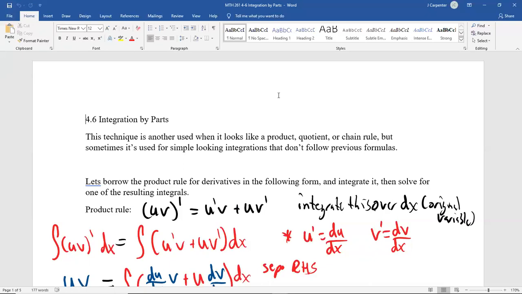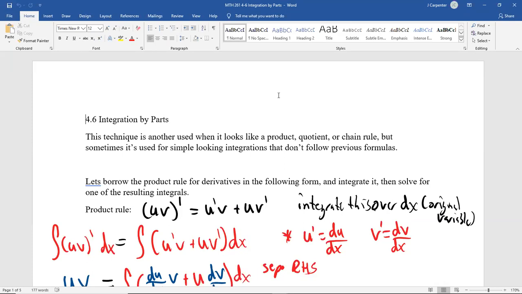We also said that you could skip that with a little bit of hand waving, and then when we actually did the evaluations, make sure we go back to x's. But if you want to stay in u's, you have to convert the values to u values so you can actually plug them in. So if any of that sounds confusing or like you've never seen it before, that means you need to go back and watch more 4.5.